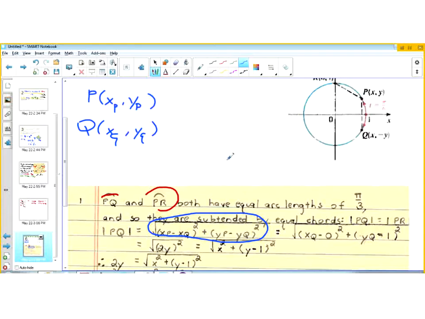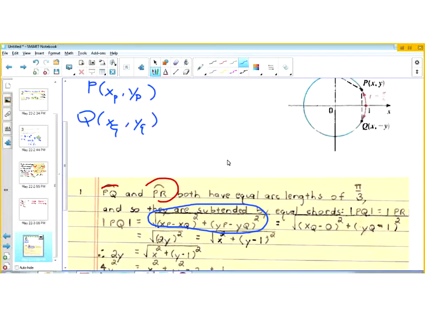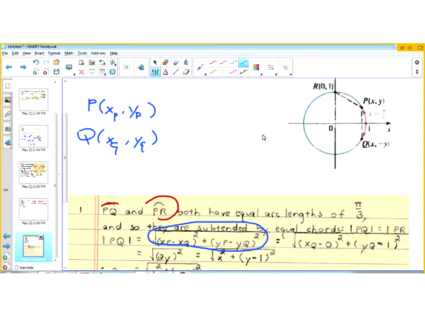Let's see what's going on here. The distance between P and Q is the same as this distance right here that I'm accentuating in blue.